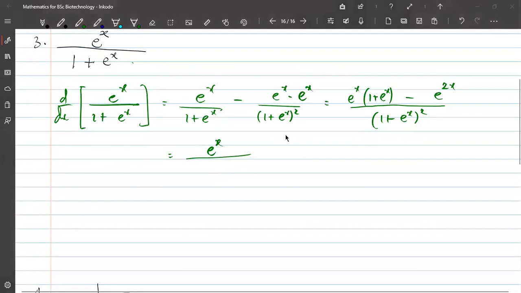So you just get, okay, it's not necessary to do this. This is also fine as an answer if I only ask you to find the derivative. But if you can, you may want to write it in the simpler form. It's just a preference. So yes, e power x by 1 plus e power x whole square is what you got. Yes, that's correct.